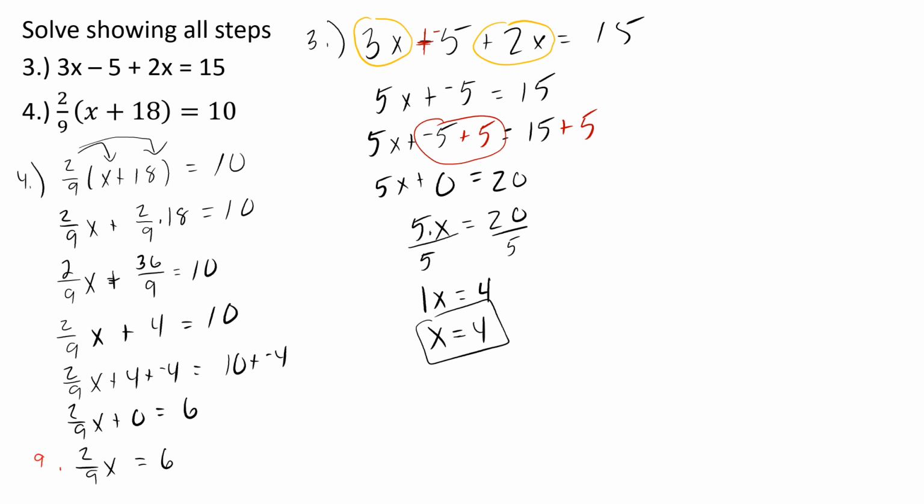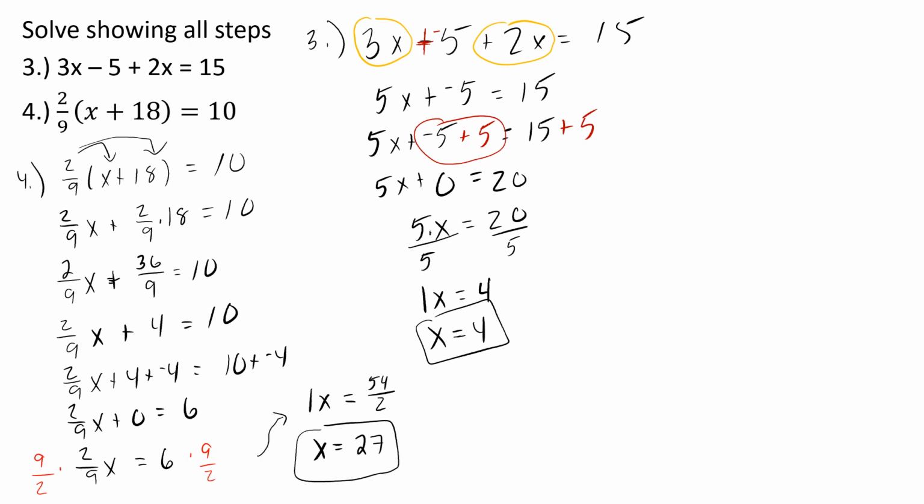The reciprocal of 2/9 is 9/2. I've got to run out of space here, so sorry about that. 9/2 times 2/9 is 1x, and over here we have 54 divided by 2. 1 times x is just x, and 54 divided by 2 is 27.